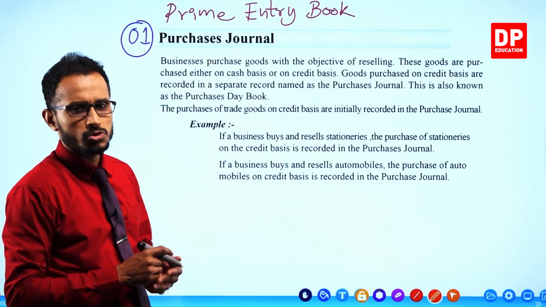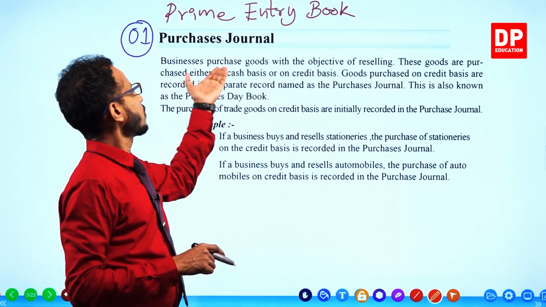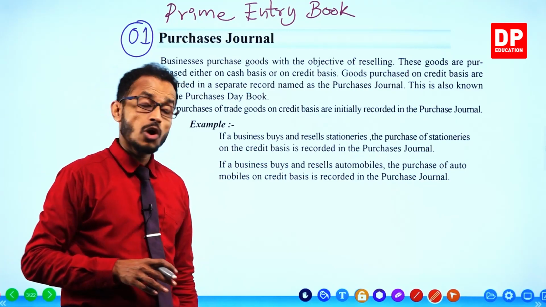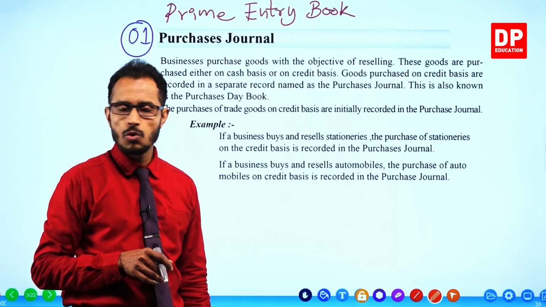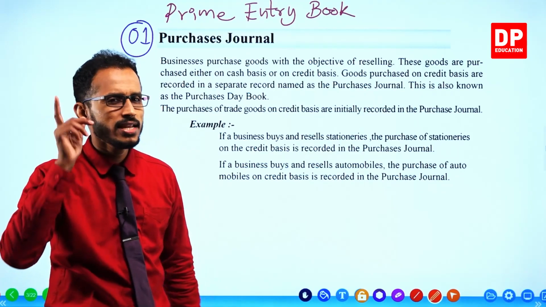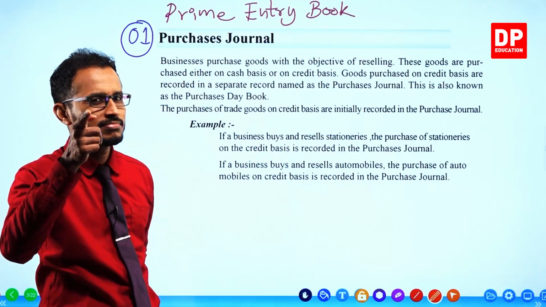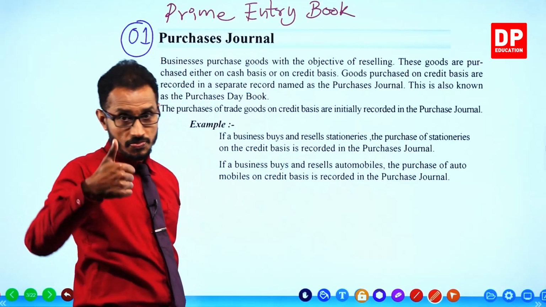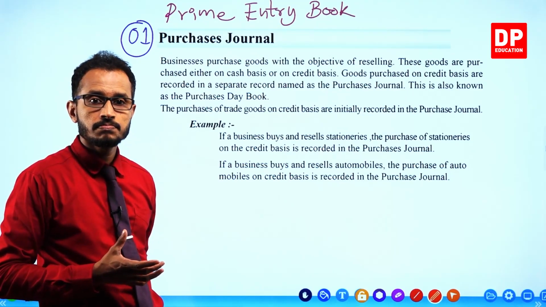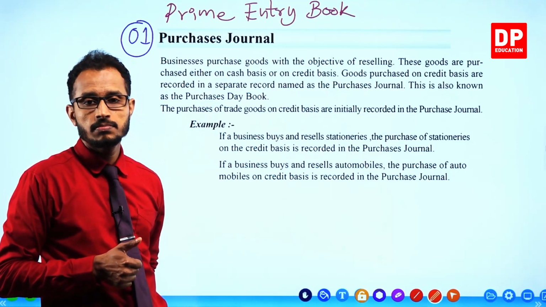What are those prime entry books? Not the Purchases Journal, not the Sales Journal, not the General Journal. Yes, that's right. Who said that? Good. Children, if you remembered, that's very good.